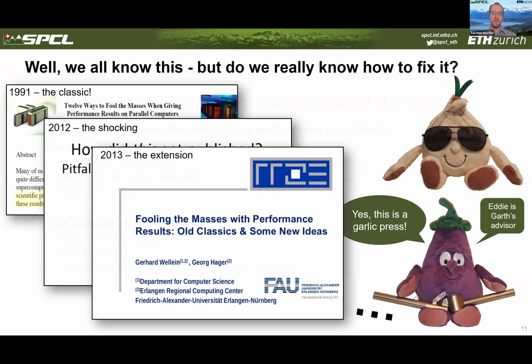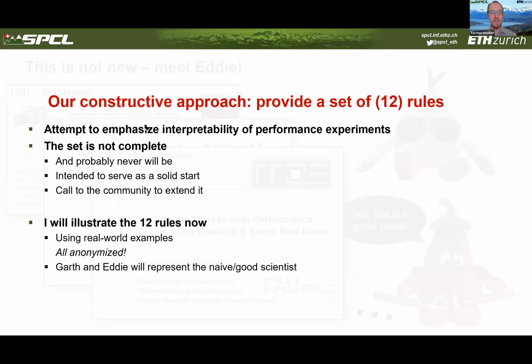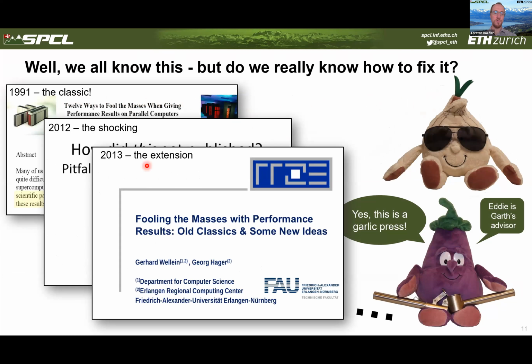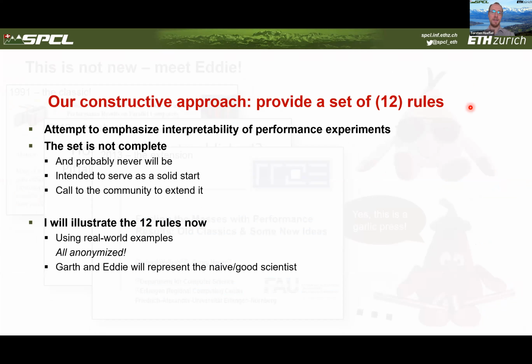So what we try to do is slightly different. Instead of having a destructive approach and complaining on how to not do it or giving negative examples, we want to give positive examples. And inspired by the 12 ways to fool the masses, we want to provide 12 rules to inform the masses to make benchmarking better grounded and closer to a real performance science.